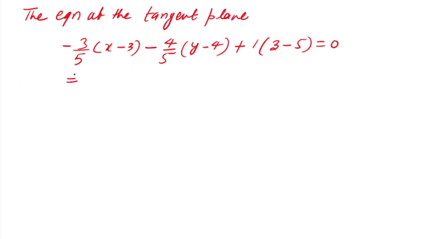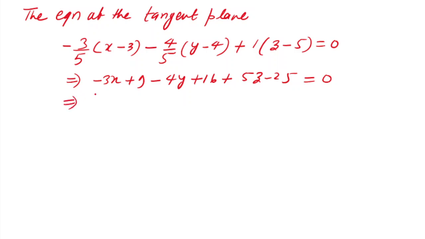If you want to simplify, you can simplify. You will get -3x, and minus minus plus, so plus 9. You will get -4y plus 16, and 5 will be multiplied there on the right hand side, sorry, this side. So I will get 5z and -25, and the 5 on the right hand side will become 0.